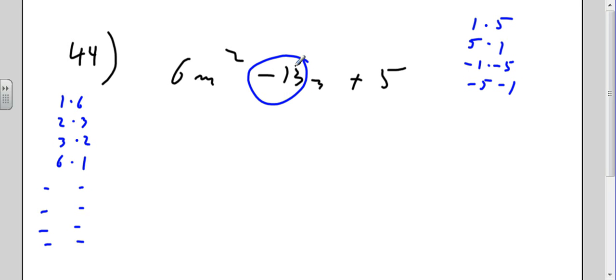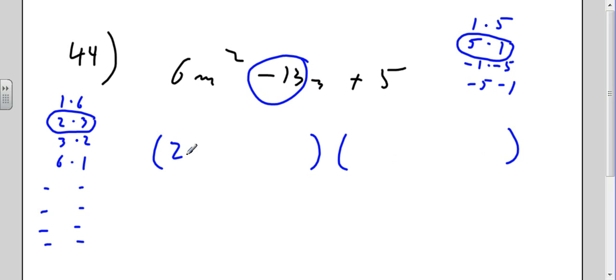Okay, well, if I add 6's and 5's, I'm only going to get 11. But if I go 2's and 3's, and I go 5's and 1's, I could have 5 times 3, which would be a 15, minus a 2, which would be a 13. Okay, now it's just a matter of getting the negative signs in the right place.